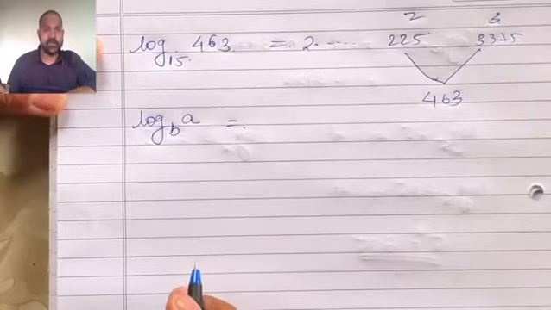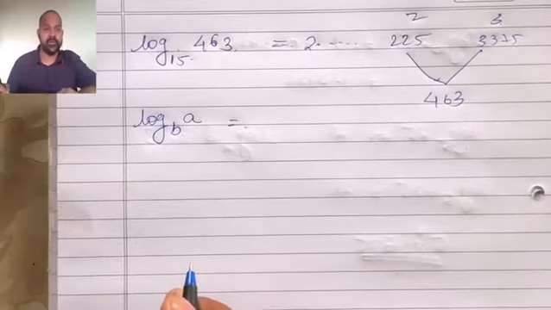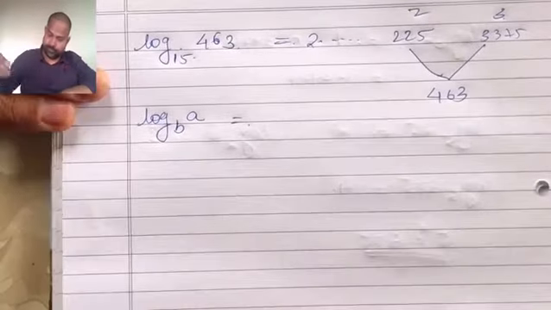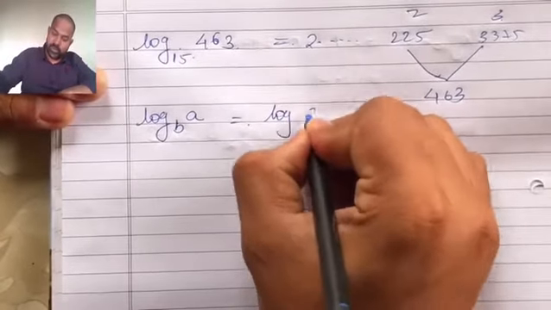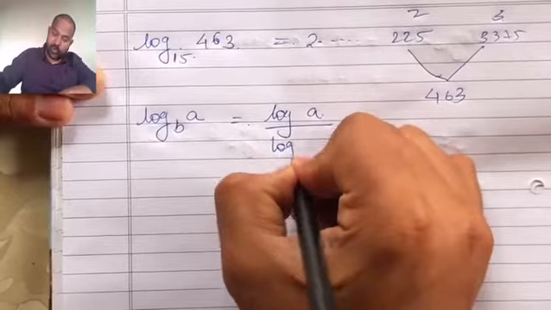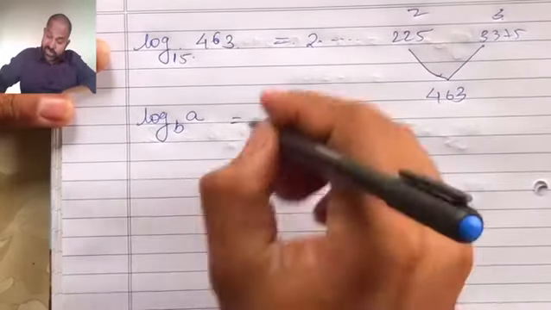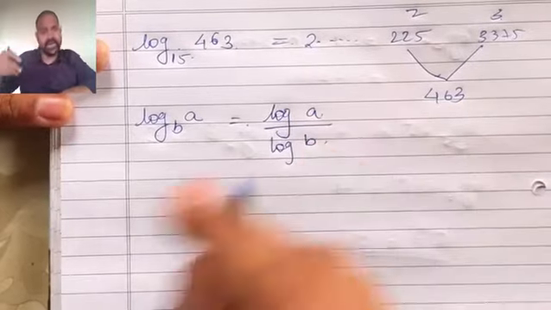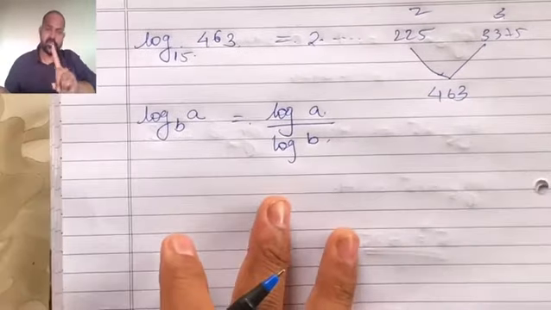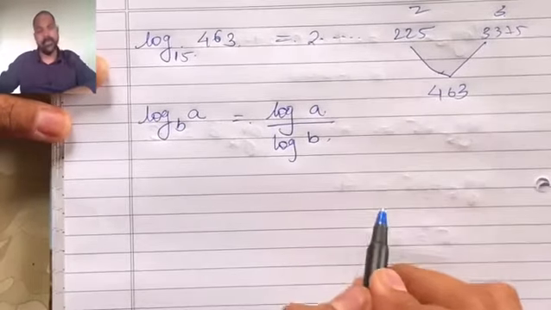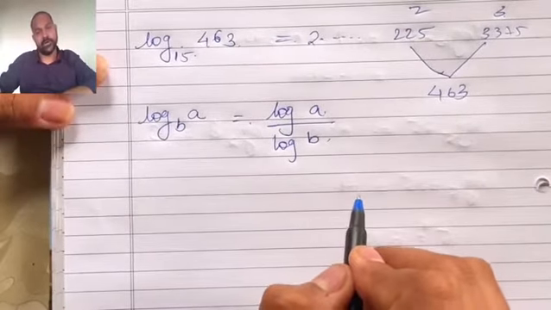Change it and write it as what? Anything you want. Just one thing: you will write it as log a divided by log b. You can change the base now and write any base you want. Just one request: whatever base is written in the numerator, the same base has to be written in the denominator.